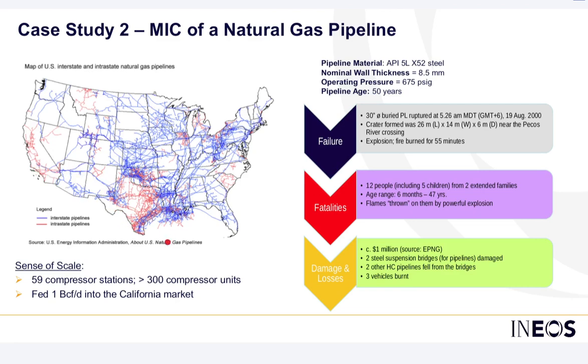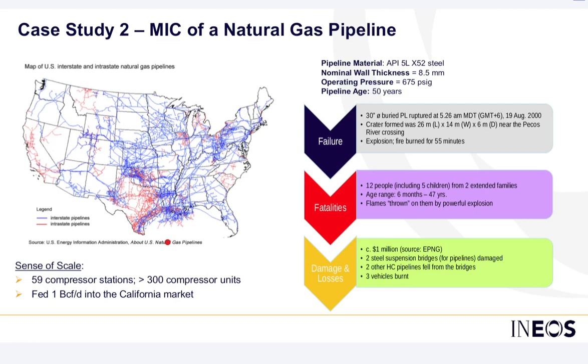To give a sense of scale, there were about 60 compression stations and along the way 300 compressor units. And that was a lot of gas being fed into about 4 states and into Mexico as well.